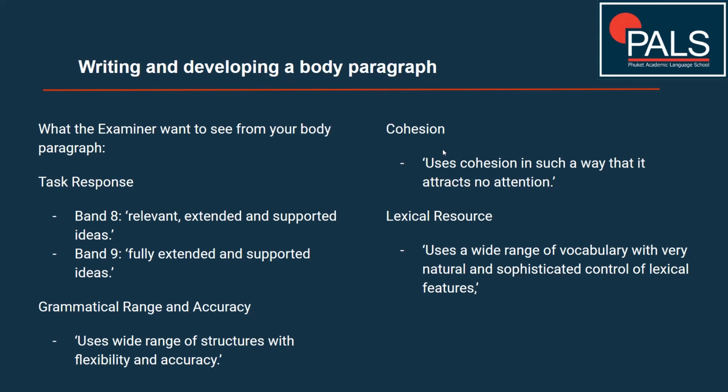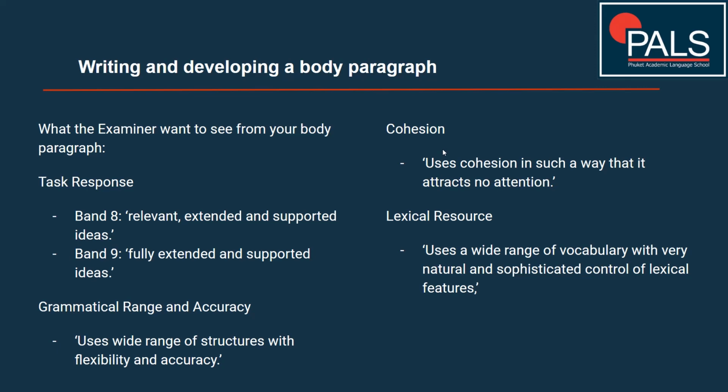Sometimes when you read lower level IELTS essays, such as band 5 or even up to band 6, the linking language can sound a bit robotic. It sounds a bit forced. And you will not be getting over a band 7.5 if you do that. My examples throughout this course will show you how to make your essays cohesive, but not attract attention to it.